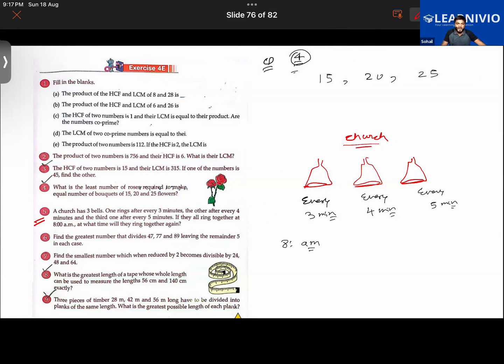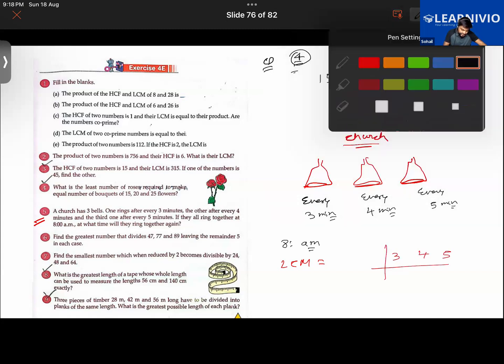Now, in order to find when all 3 will ring together, we have to find the LCM of 3, 4, and 5. I don't think it should be 480. LCM of 3, 4, and 5.